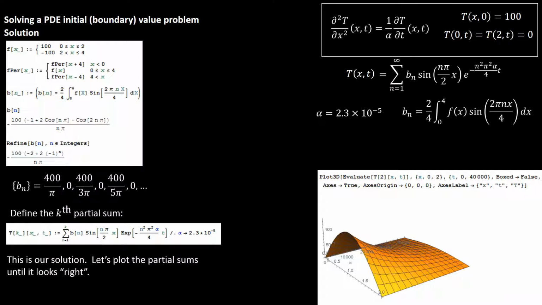You actually can't see the labels too well, so I'm going to write them in here. This is the x-axis. Going out this way is the time axis. And up here, vertically, is the temperature axis that says how hot the rod is at that position at that time. Now the rod started at a solid 100 degrees.